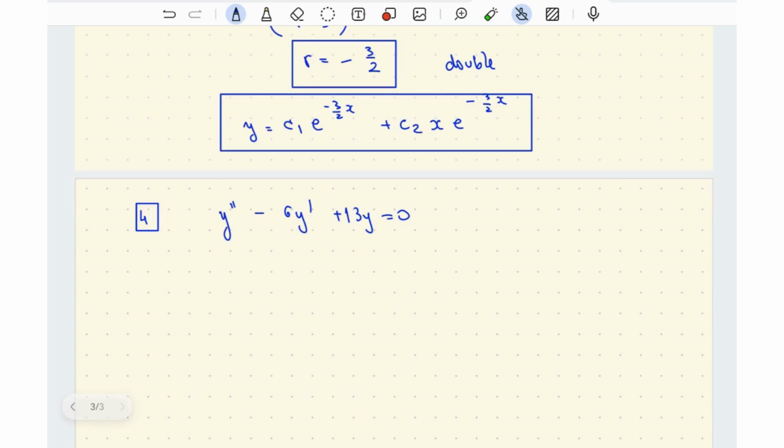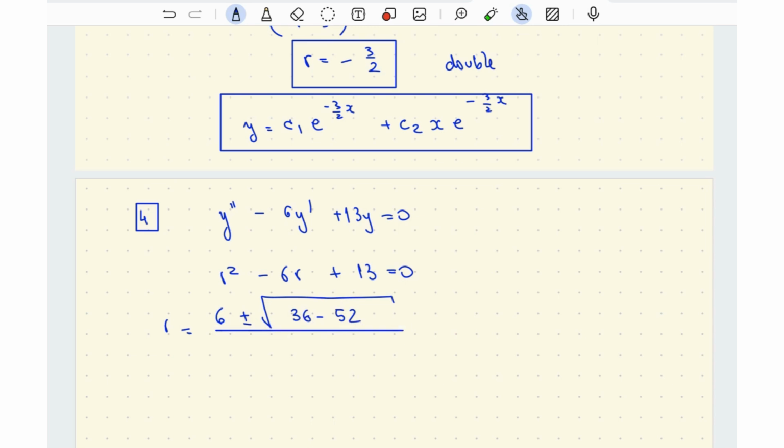So the characteristic equation is then r squared minus 6r plus 13 equals 0.